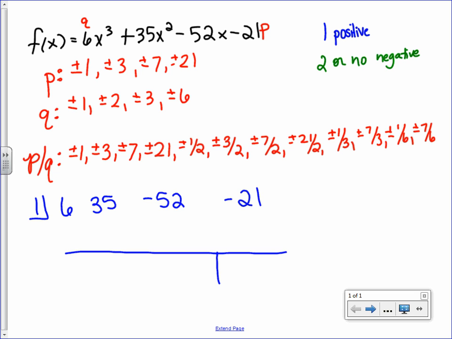So bring down the 6. 1 times 6 is 6. 35 plus 6 is 41. Negative 52 plus 41. Well, it's not an upper bound, and it's not a 0.